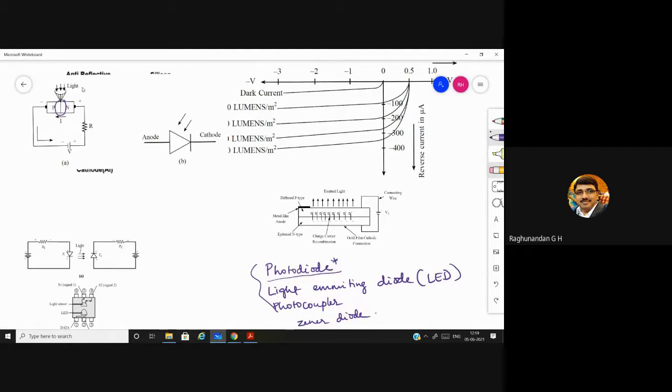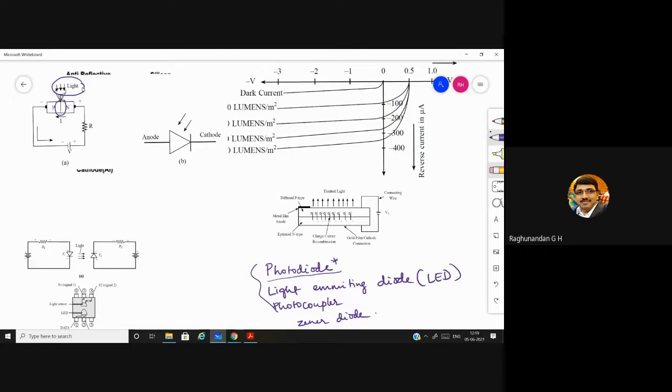Okay. See, the answer to the first question is, we are not going to forward bias this, because if you forward bias this, you don't need any excitation. Because of the biasing we give, the current starts flowing. And also here our main intention is to convert the light to current.